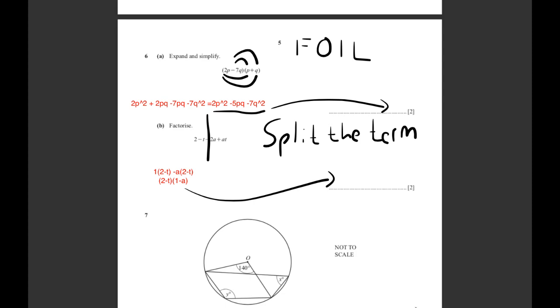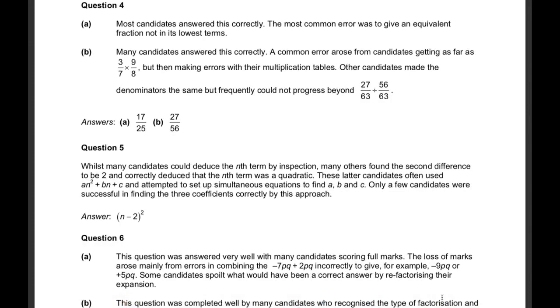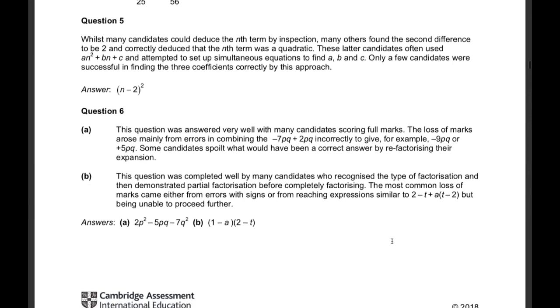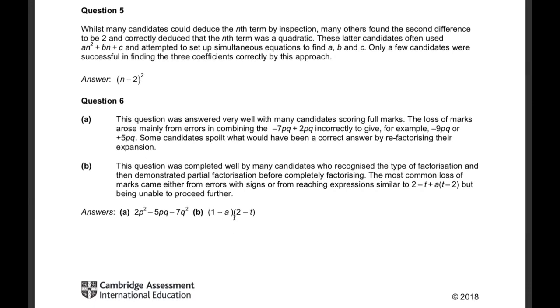Okay, go back and check the mark schemes, any comments they had there. Let's have a look. So question 6, yeah, they put the brackets the other way around. It makes no difference. Yeah, some people did this part incorrectly. Minus 7pq plus 2pq is actually minus 5pq. So really do remember your negative numbers there.